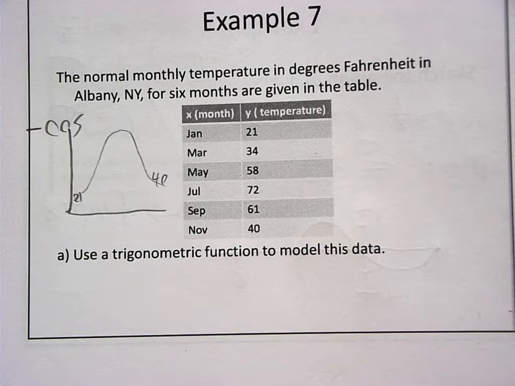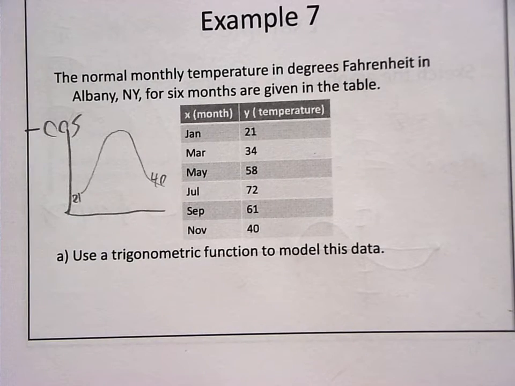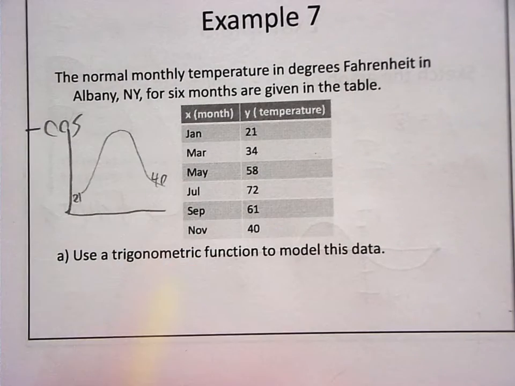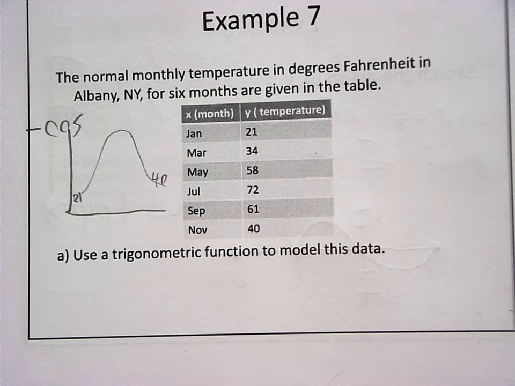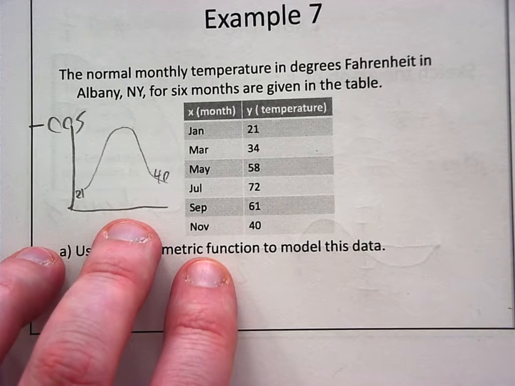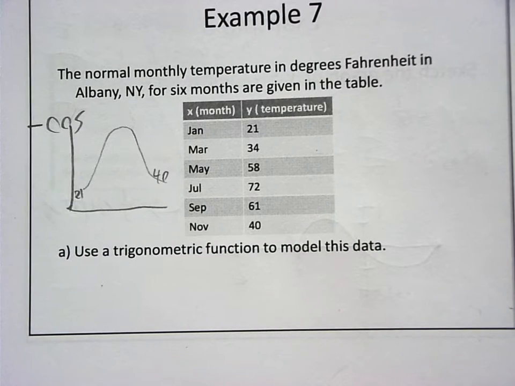Because if I have cosine there, you kind of want to work backwards a little bit. Figure out what your base function is. Then I want to work with the last piece first. What would the vertical shift be on this? Because I want the midline to be halfway between your peak and your valley.